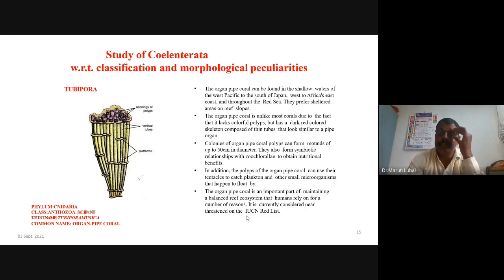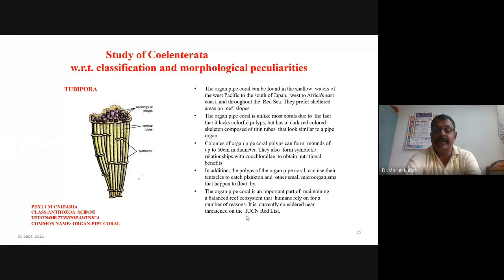They prefer sheltered areas such as reef slopes. The organ pipe coral, Tubipora, is unlike most corals because it lacks colorful polyps, but it has a dark red colored skeleton composed of thin tubes that looks similar to a pipe organ.